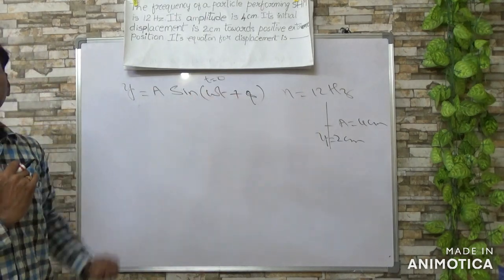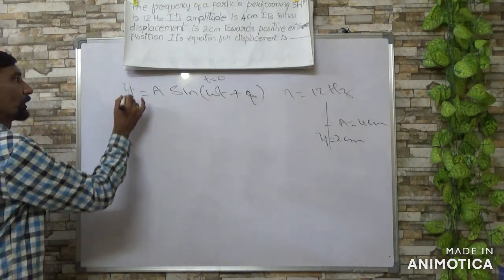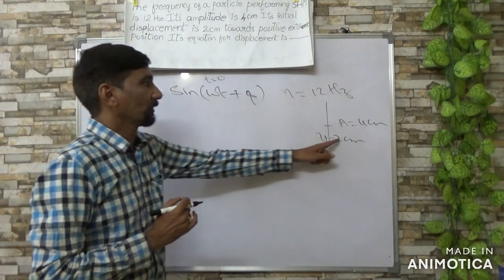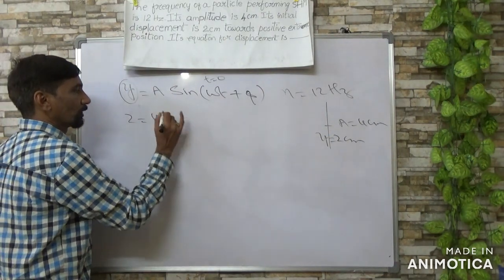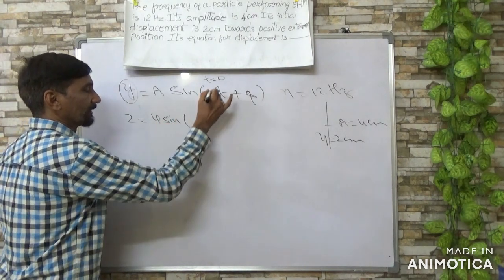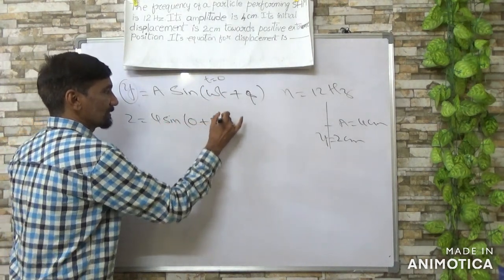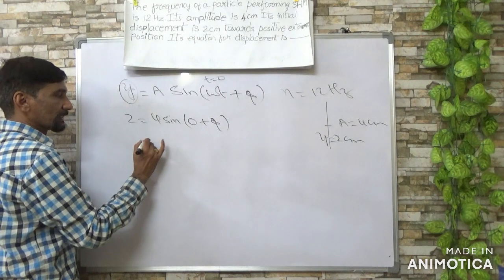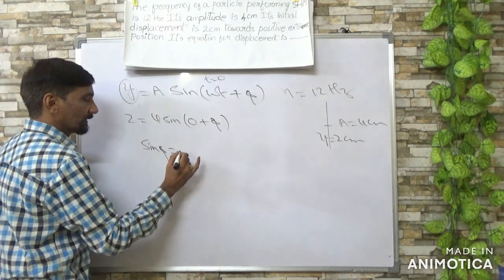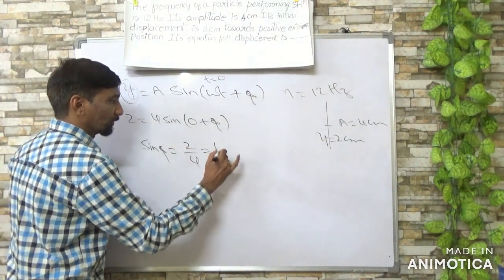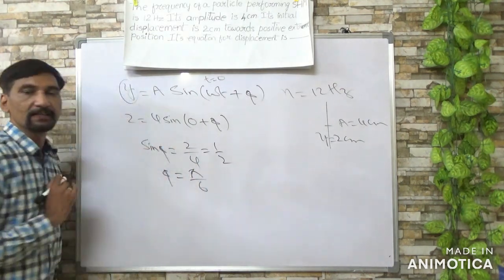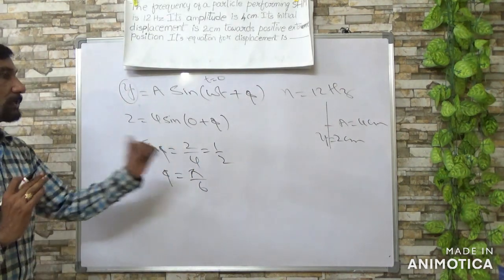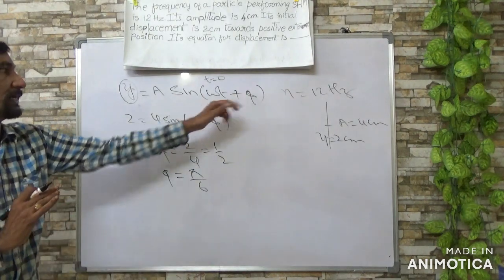According to the problem, displacement 2 centimeters, amplitude 4 centimeters, t is 0, so sine of the phase angle equals 2 by 4, nothing but 1 by 2. So the angle becomes pi by 6. So the phase angle is known to us.